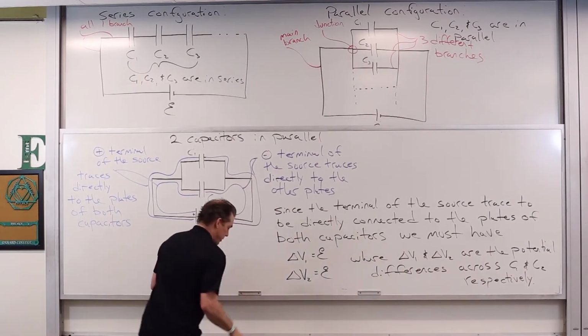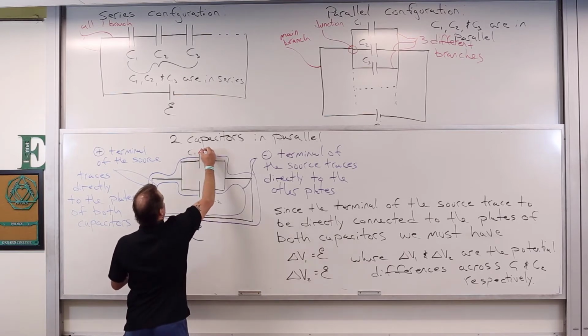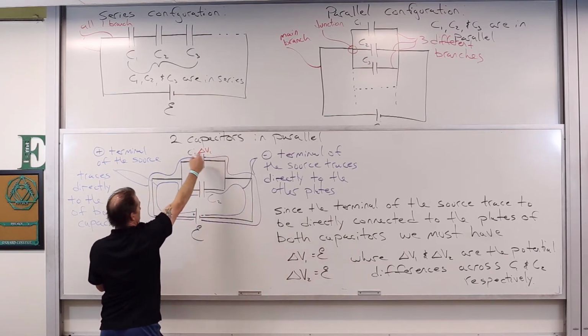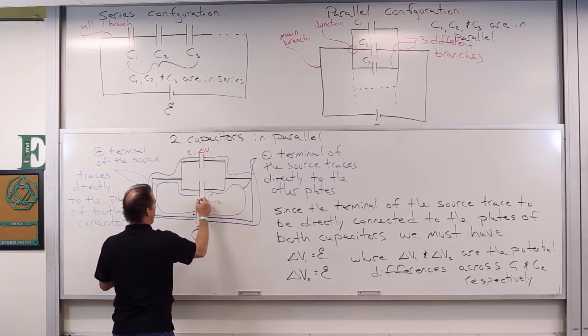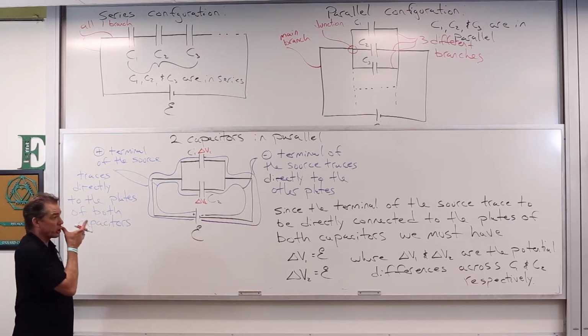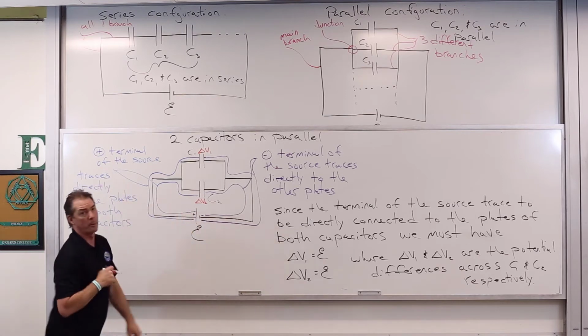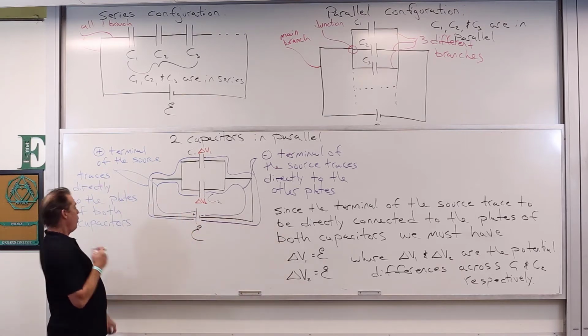So ultimately what we're saying here is, we've got some delta V1, the potential difference across C1, and we've got some delta V2, the potential difference across C2. And those have to be equivalent to the potential difference of the source because of how the plates trace directly back to the terminals of the source. Whew.